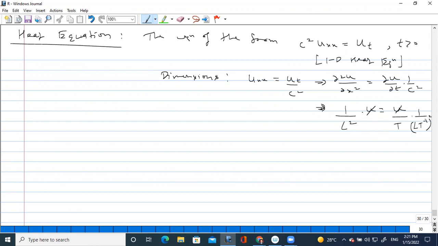So this will be L square also, and t to the power del u by del t. This is t. Where is c? Okay, you do one thing. C square L square.